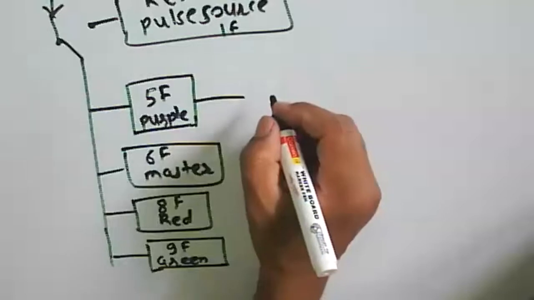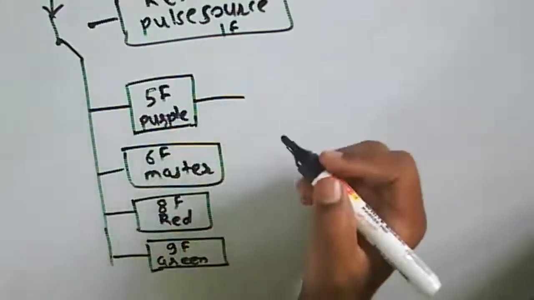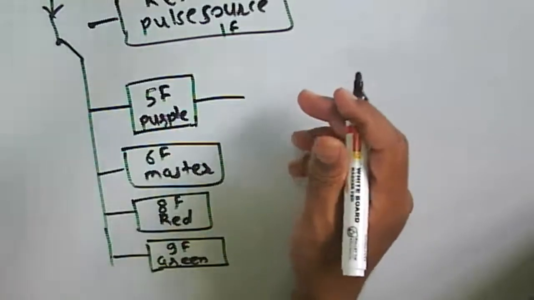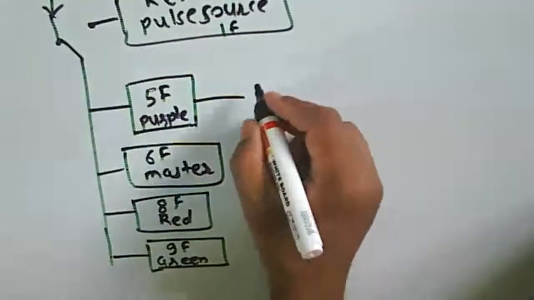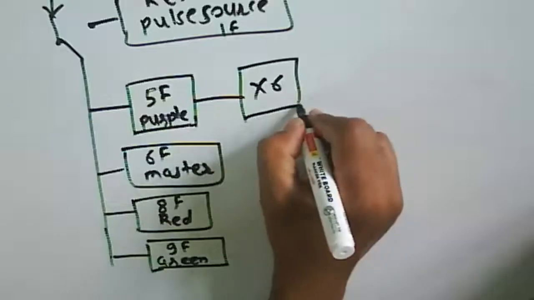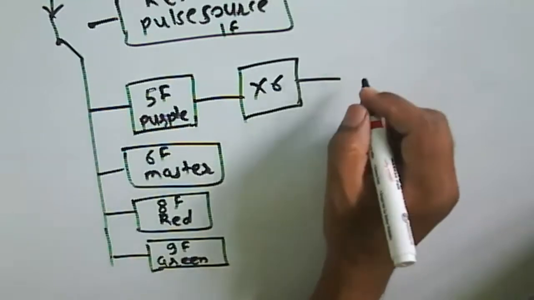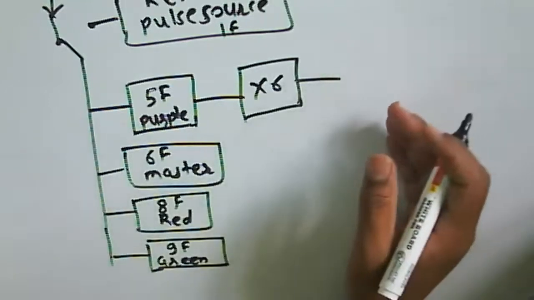We can consider whatever receiver signal is received. So these are Decca receivers, and they are receiving the signal. We have the x6 multiplier, and then we have the master and slave process.